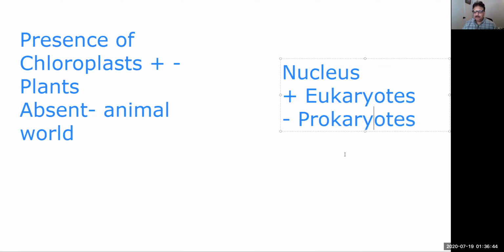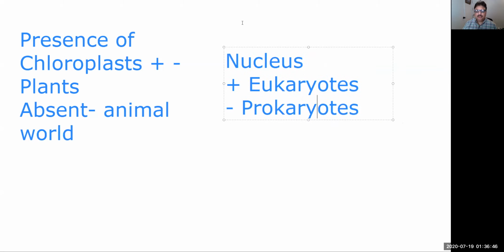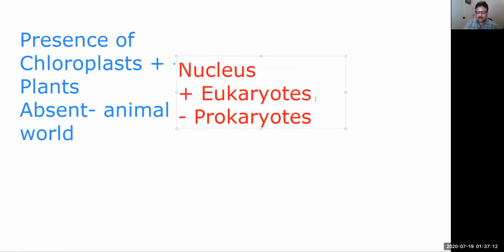So eukaryotes and prokaryotes. Let's revise. We can distinguish organisms on the basis of number of cells between unicellular and multicellular, on the basis of chloroplast into animal kingdom and plant kingdom, and on the basis of presence or absence of nucleus, eukaryotes and prokaryotes.